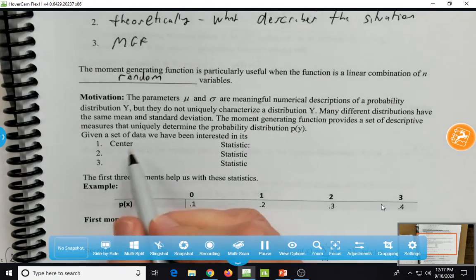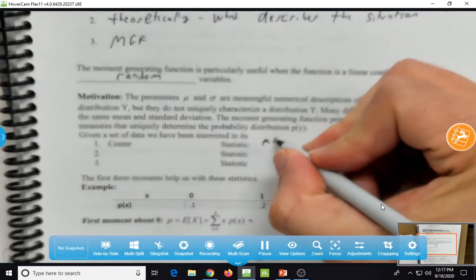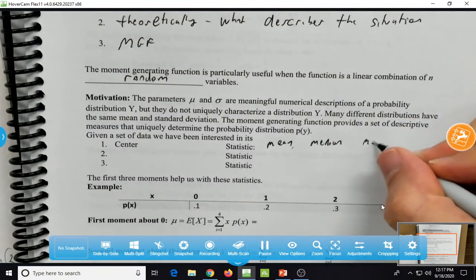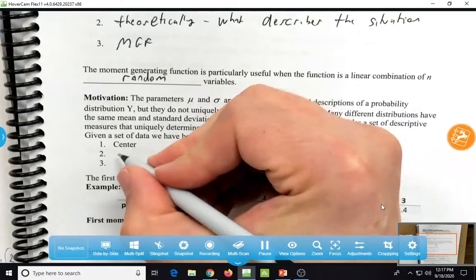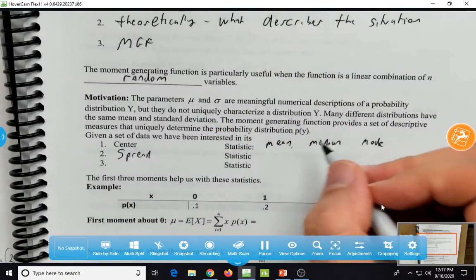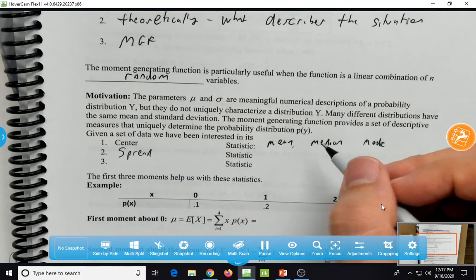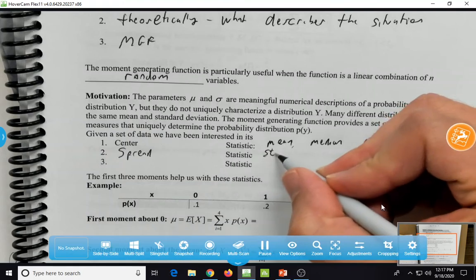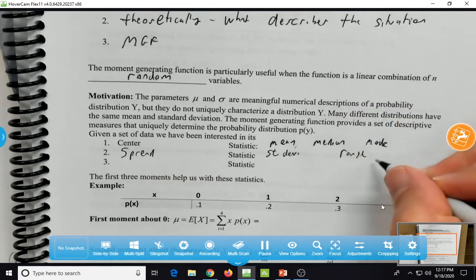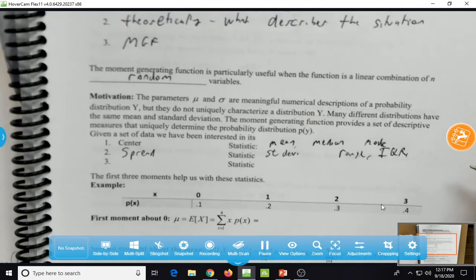Okay, so the center for a probability distribution, you can talk about the mean, the median, or the mode. For the spread, what are some statistics we might talk about? Very good, the standard deviation. Any others? The range. The interquartile range was something you should know. Very good.